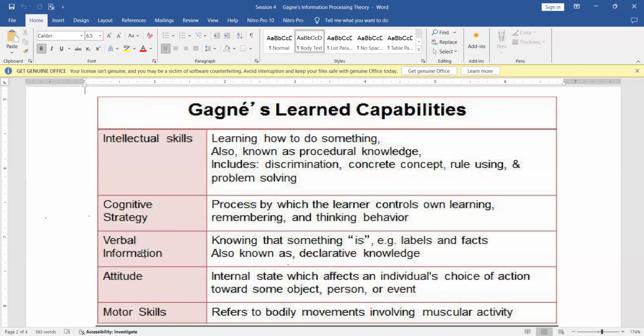Then 5'6" is taller. It's drawn. 5'4" is shorter than 5'6", but taller than 5'2". And now the child can see the illustration. The tallest is this person and the shortest is this person. That is cognitive strategy. The child knows what kind of strategies she has to use in order to learn.